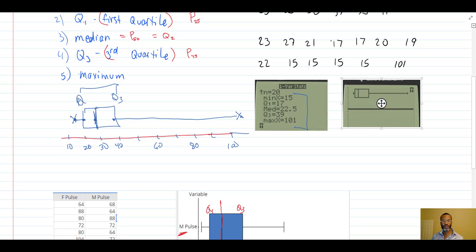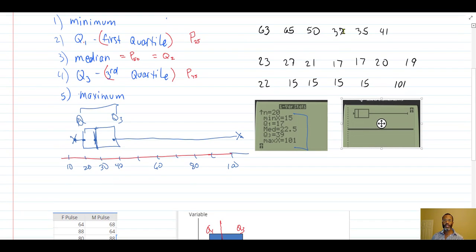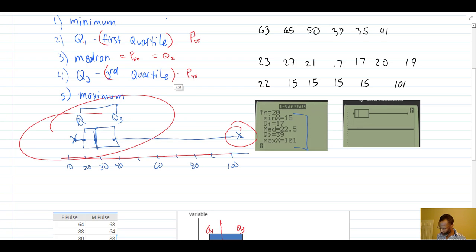So if these were gold medals earned by each country, but one country had 101, is there something about that country that made it unusual? Is it wealth? Is it a country from another planet? And so should we consider that as an average country, and are we really comparing apples to apples?